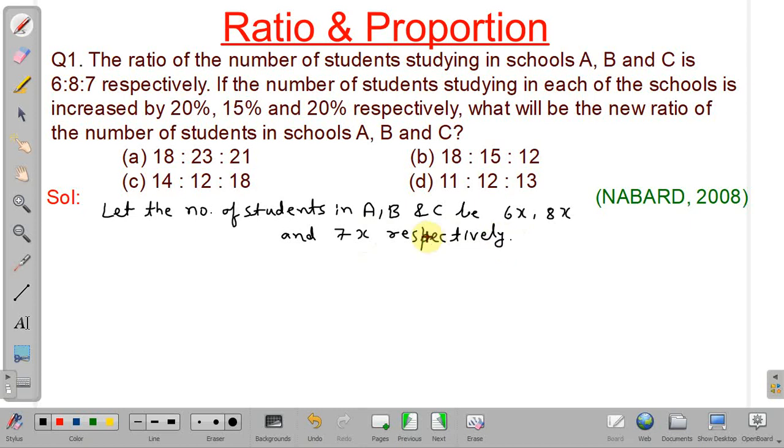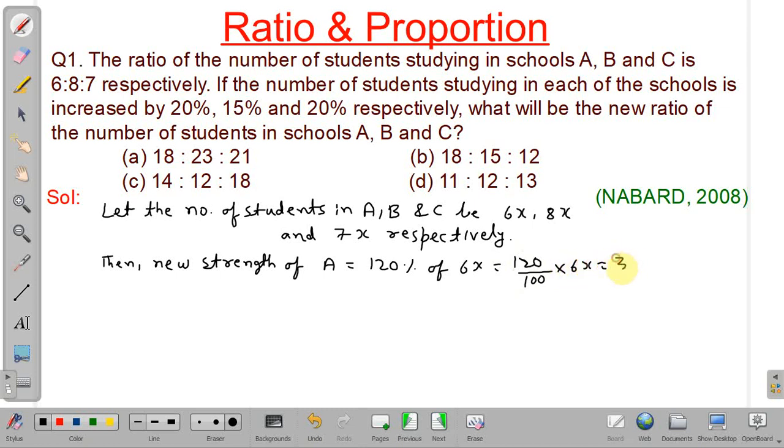Now it is given that the students of school A increase by 20%. Then the new strength of school A will be, as 20% it is increasing, so 120% of 6x, which is 120 by 100 into 6x, and it is equal to 36x divided by 5.